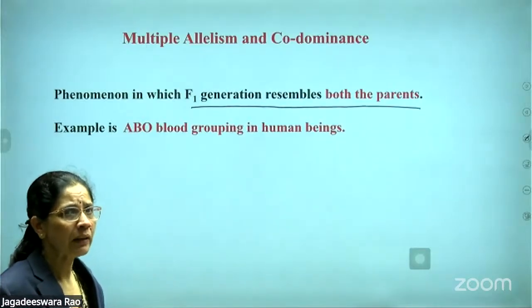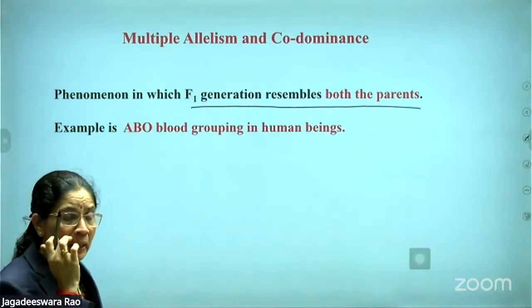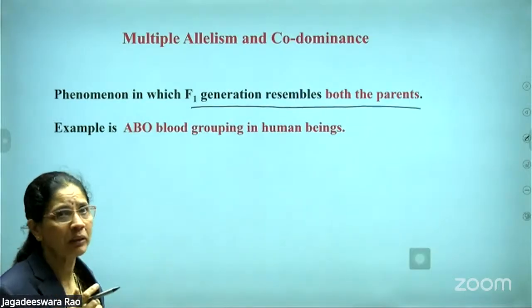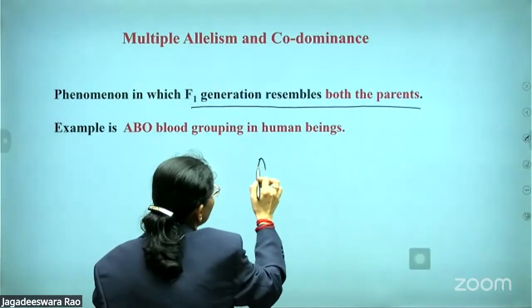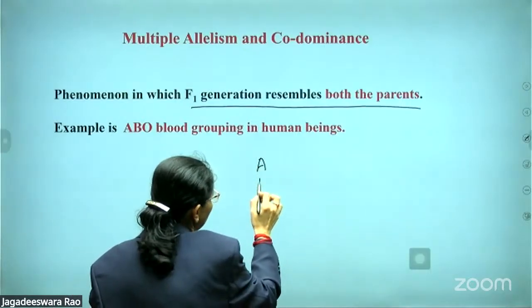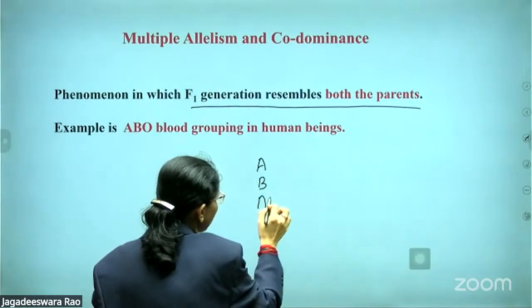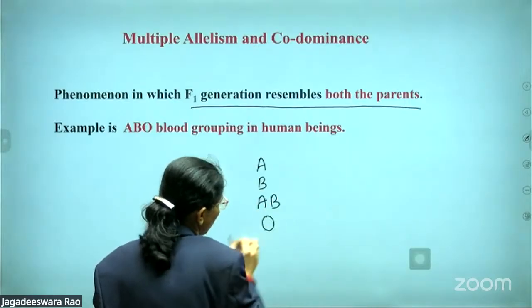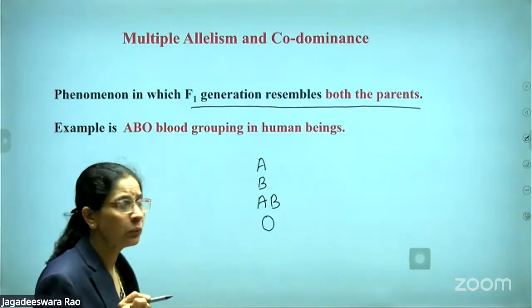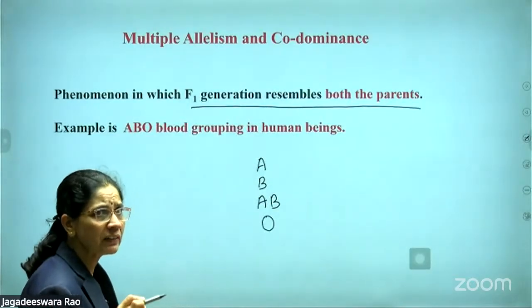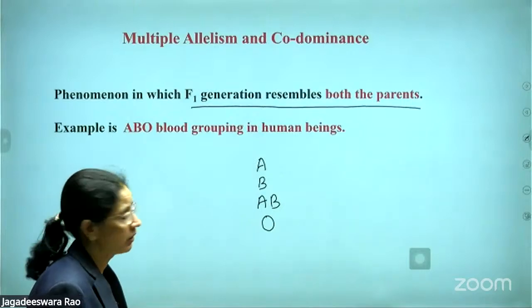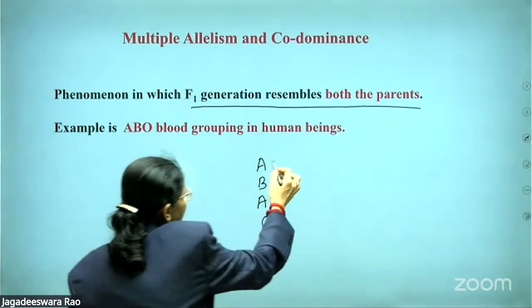For example, the ABO blood group system in human beings. You know there are blood groups A, B, AB, and O. For this, I have to explain the concept of the blood grouping system. On what basis is blood grouped into four groups? So let us understand that.